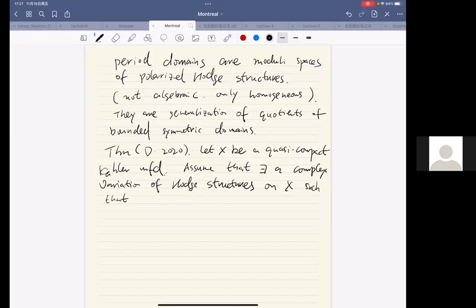Since it parameterizes all the Hodge structures, there is a map from X to its moduli space, or classifying space, of Hodge structures, which I call a moduli map or classifying map. The corresponding classifying map, I denote by mu, from X to D, where D is a period domain.